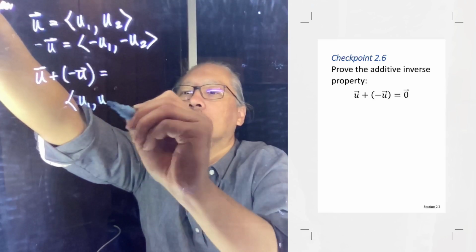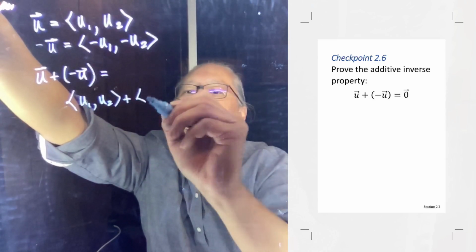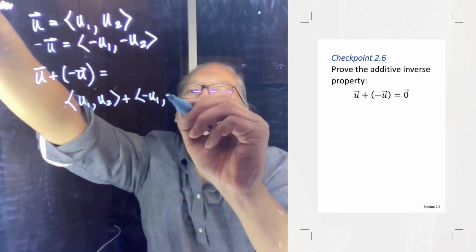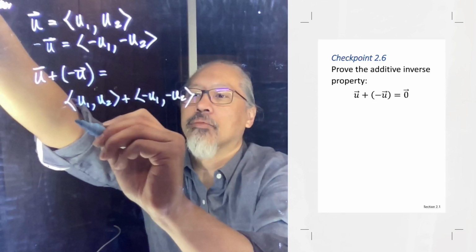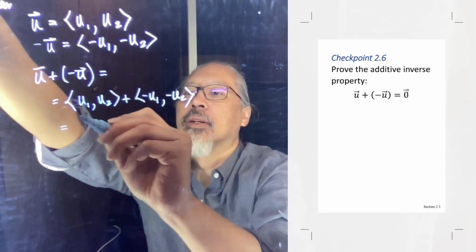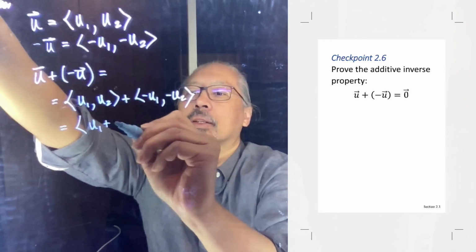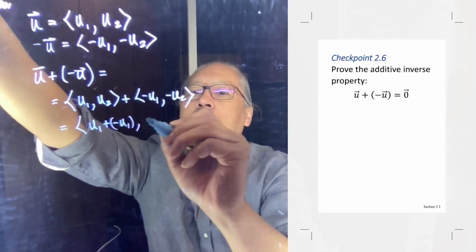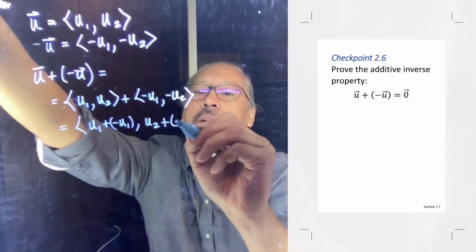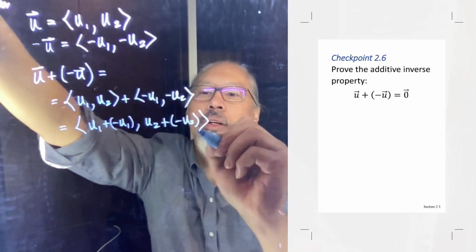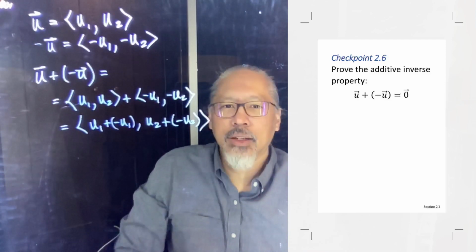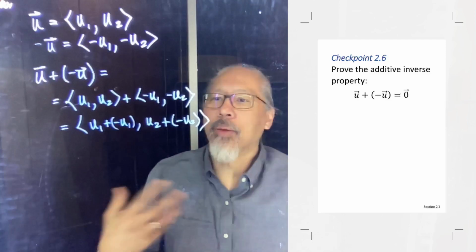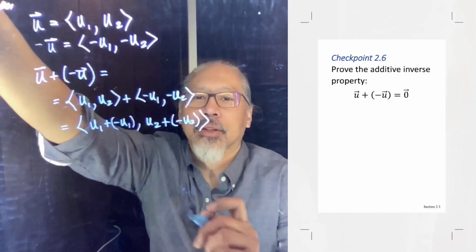That's u1 comma u2 plus negative u1 comma negative u2, and then we're going to do it component by component: u1 plus negative u1 comma u2 plus negative u2. And as we're doing this, you might think, oh, that's fairly obvious, but in terms of proving things, you want to kind of go back to the real numbers and try to work it out that way.